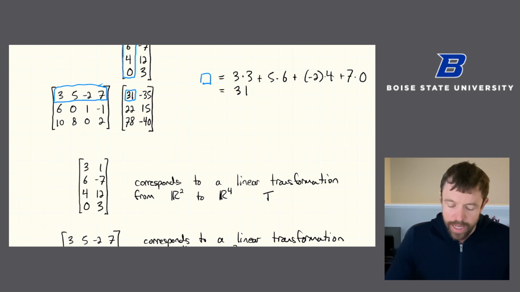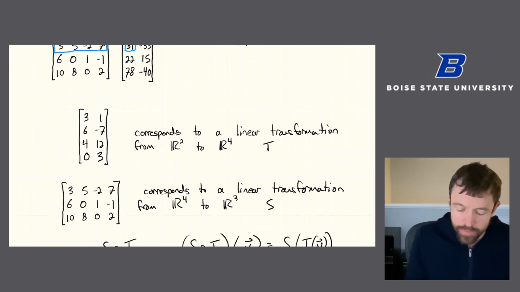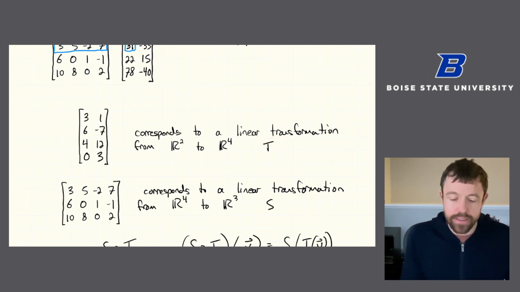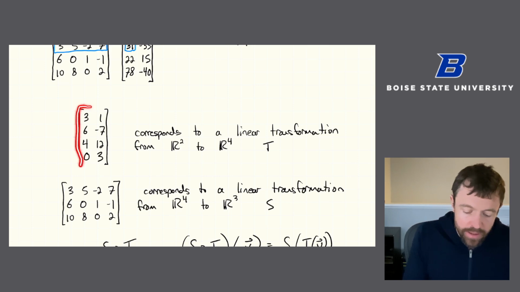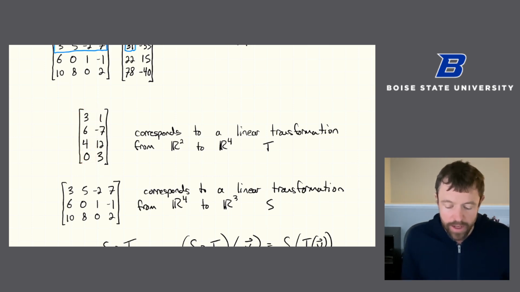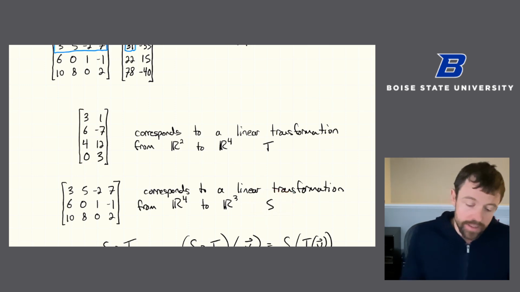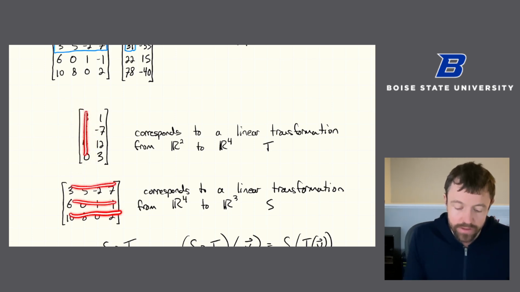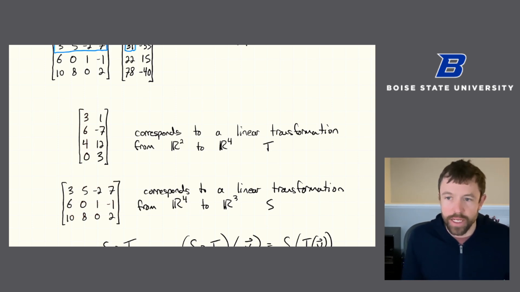The whole point is that this linear transformation here sends the first standard basis vector, 1, 0, to this vector. And then this linear transformation sends this vector to whatever you get by multiplying this vector times this matrix, the matrix vector multiplication.